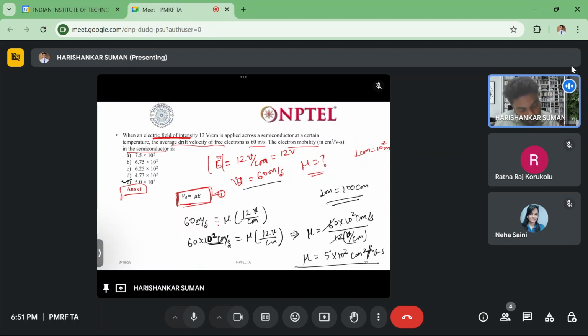So use this simple relation: Vd equals mu times E. E is given, Vd is given. Put these values in SI units, or if you want to change to centimeter, also change both sides. You have to check the units also. Then put the values in this equation, and you will get the mobility. Simple.